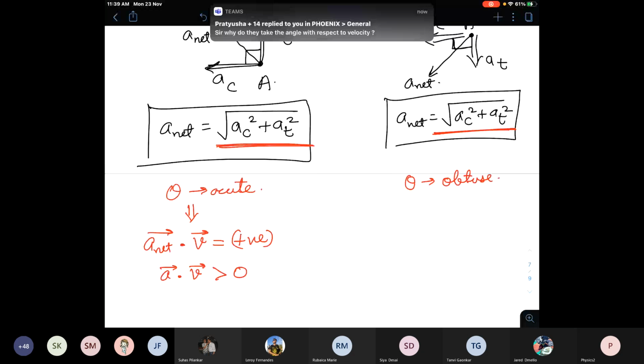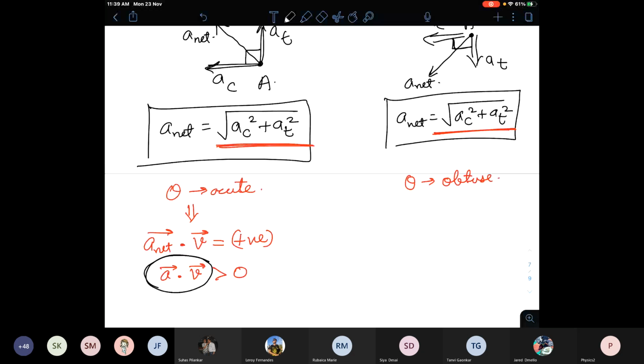Because they want to represent a dot v. They are trying to calculate a dot v. It is basically a previous year NEET question: what is the value of a dot v for a uniformly accelerating circular motion, or uniformly retarding circular motion. They have asked such questions previously, so that is why we are including it in theory, and taking it with v only.